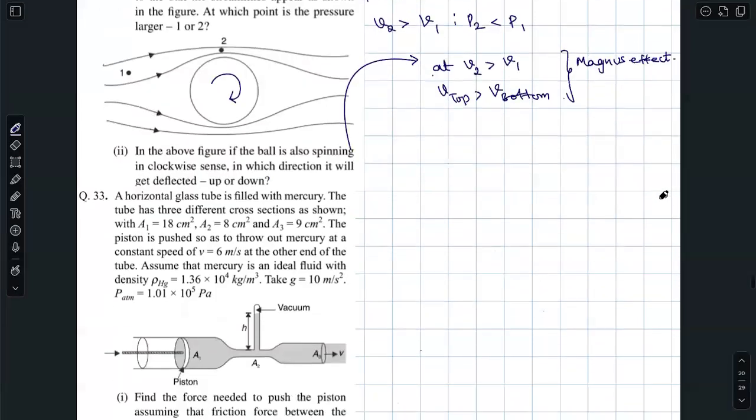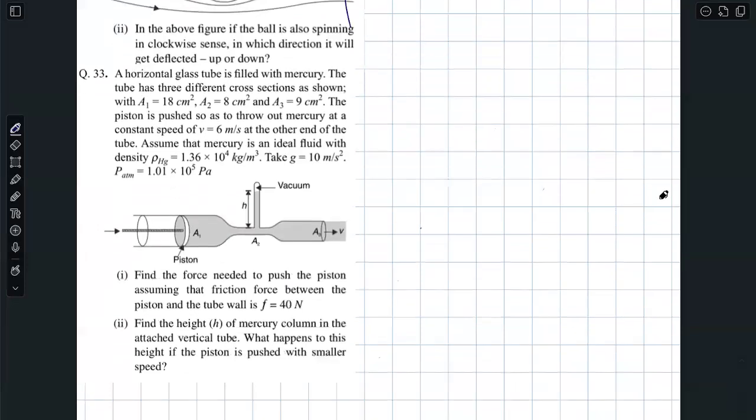Right. Next question, question number 33. You can see in this situation, a horizontal glass tube is filled with mercury. The tube has 3 different cross sections. Can you see 3 different cross sections here? A1, A2, A3.